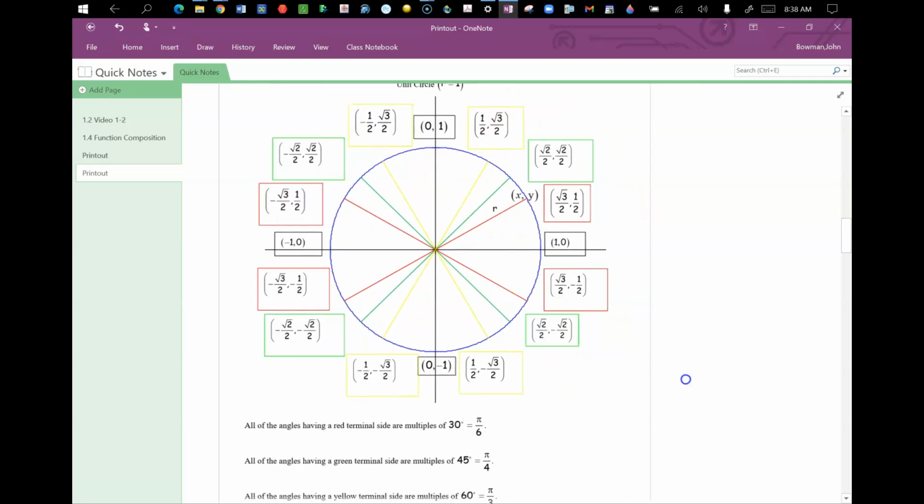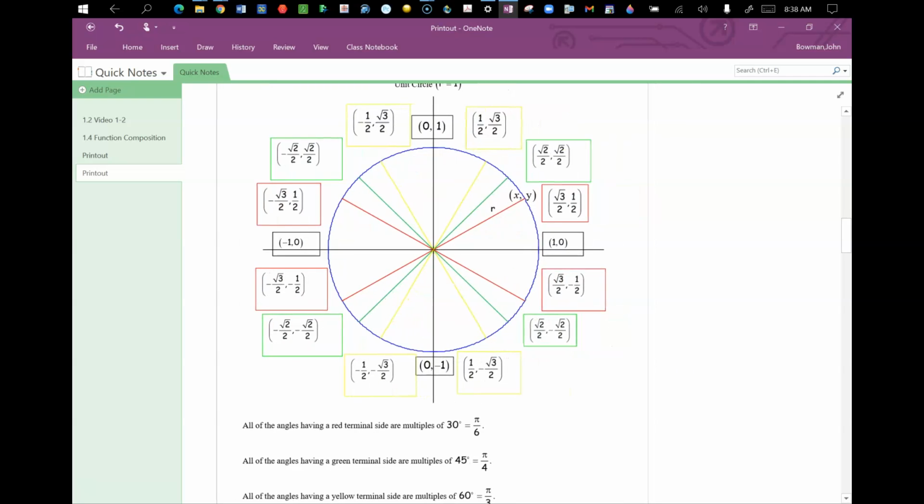So there's all kinds of ways that you can go about this, and I am not encouraging you to memorize the unit circle, but I do want to point out some patterns for you that I think are relevant. If we take a look at this diagram here that's color-coded, all the angles that have a red terminal side, which there are 4 of, are multiples of 30 degrees or pi over 6. And what you'll notice here is that the x, y coordinates of points on the terminal side, when the radius is equal to 1, are always going to have this pattern.